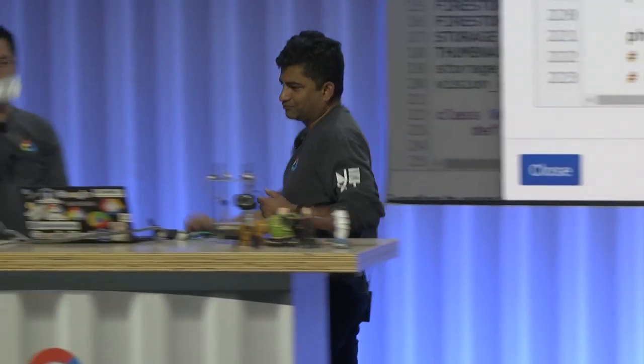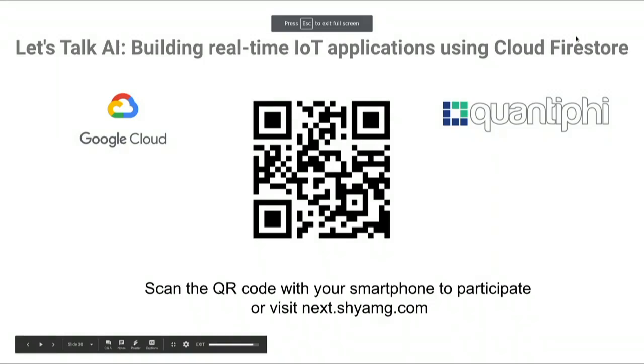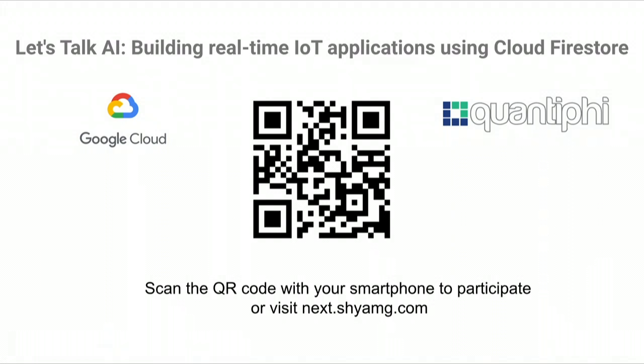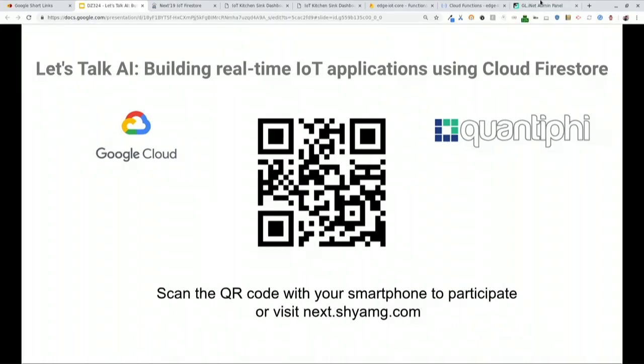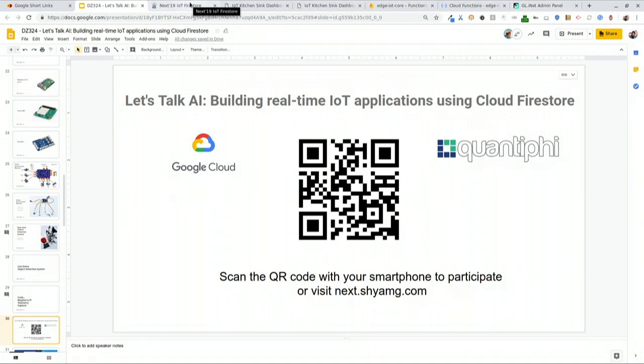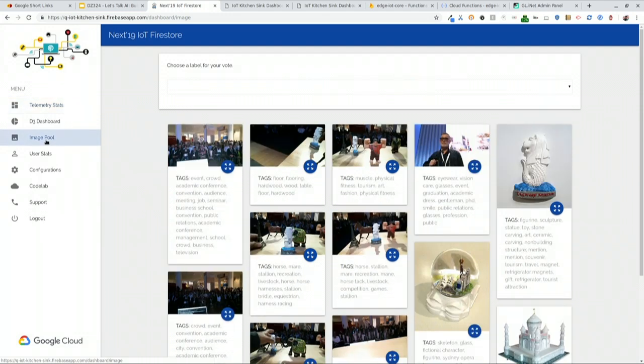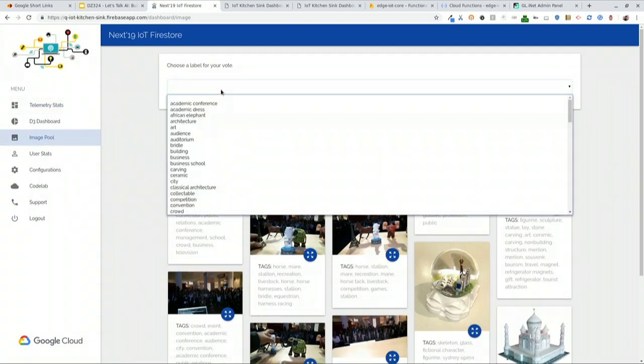All you have to do, that card that was handed out to you, please scan the QR code or visit next.shyamg.com, and from the drop-down box that you see there, select one or more tags. As you select one or more tags, we are keeping a tally of who's clicking on what. Could I please get you all to participate in this live demo? This is basically demonstrating real-time IoT at scale in action.